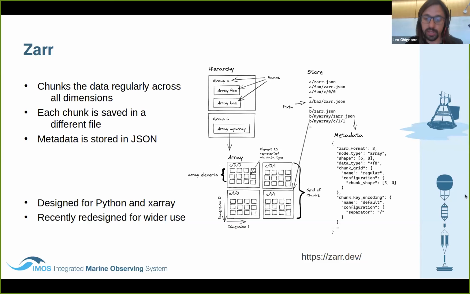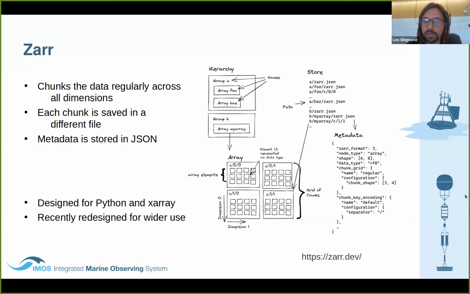So with any query you do on these coordinates, you can just look at the metadata and know straight away which files you need to download. And those files will contain the information that you queried for.